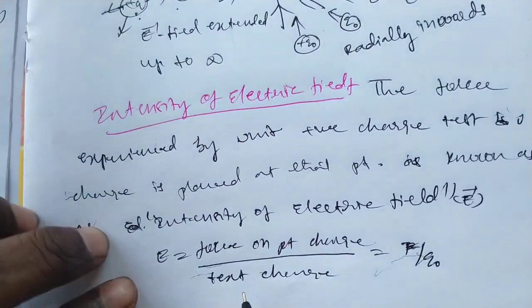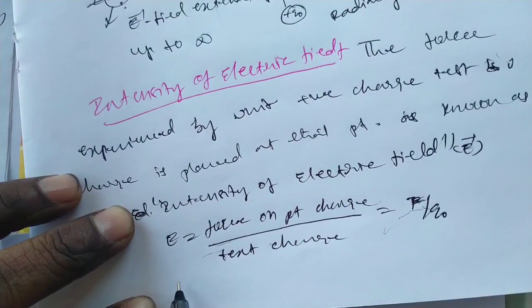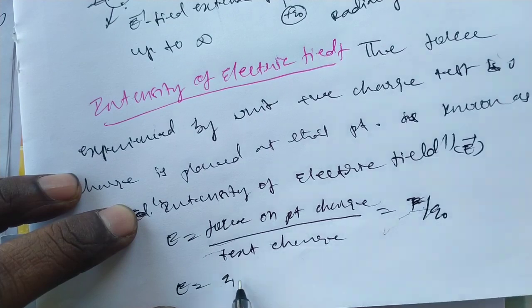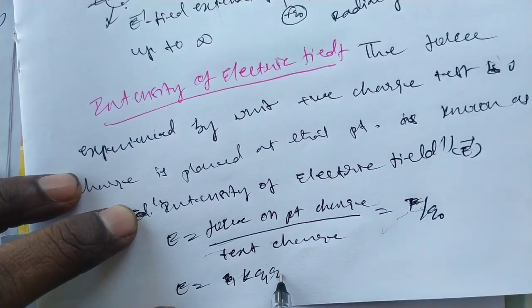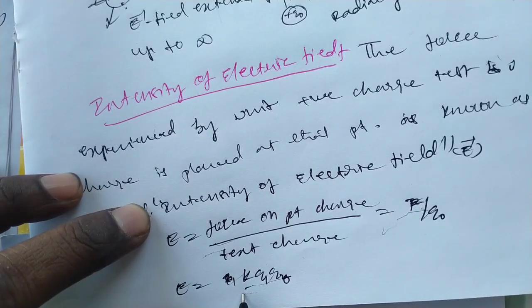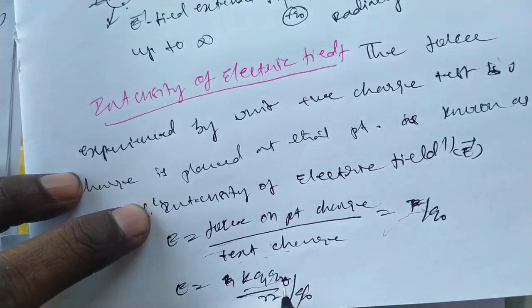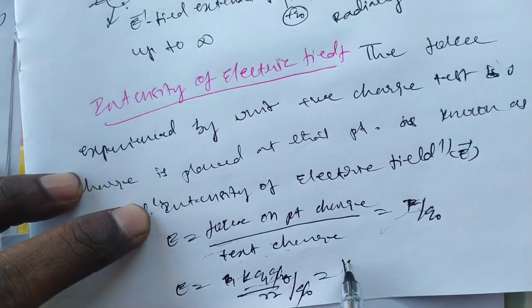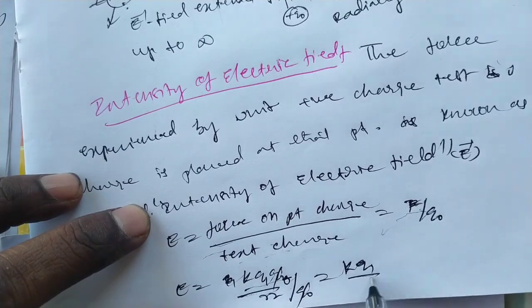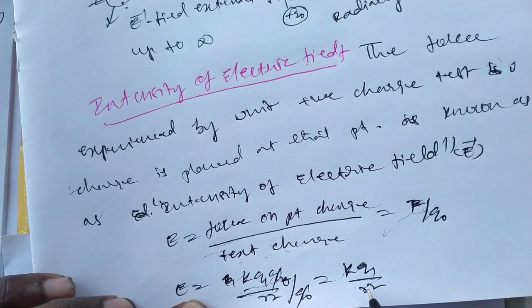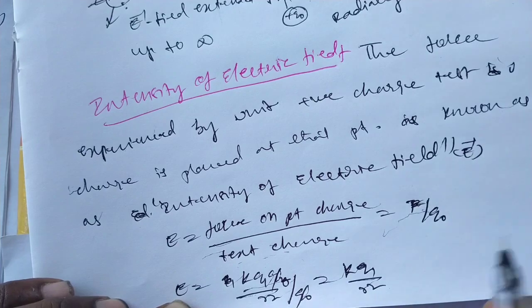Already you know the force is k q1 q naught by r square, so dividing by the test charge q naught, q naught cancels, and we get k q1 by r square. That is the electric field.